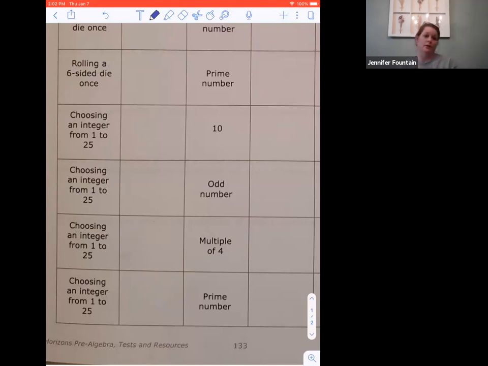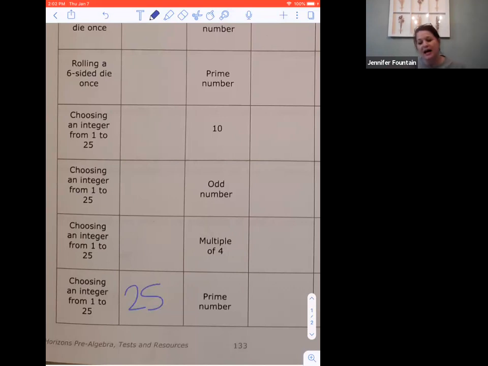There's an infinite number. So when I say choose an integer from 1 to 25, basically I'm just saying whole numbers between 1 and 25. So how many of those are there? How many numbers are between 1 and 25? 25, right?